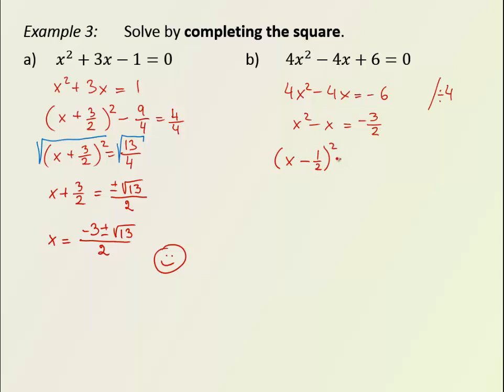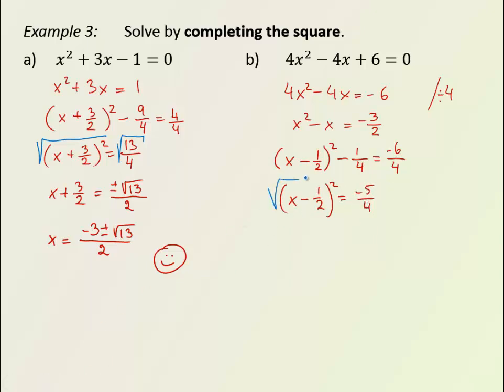Square it, subtract the perfect square of the number that we took in the bracket, so it's 1/4. We can change this number to quarters as well, so it will be negative 6/4, and we have x minus 1/2 squared equals negative 6 plus 1, negative 5/4.